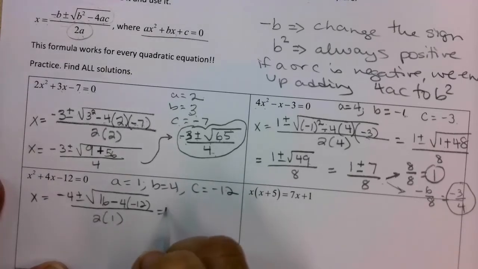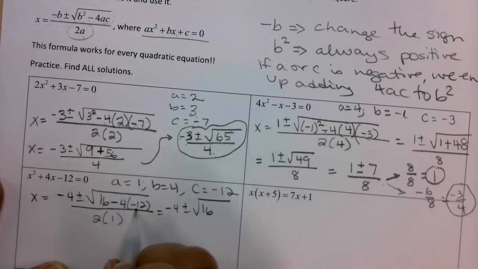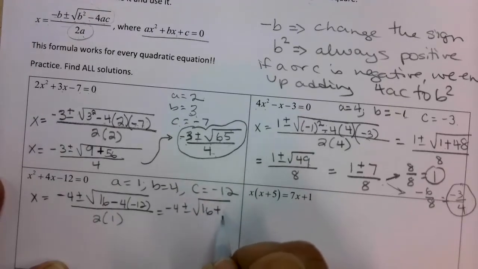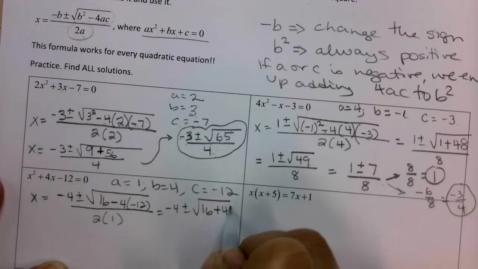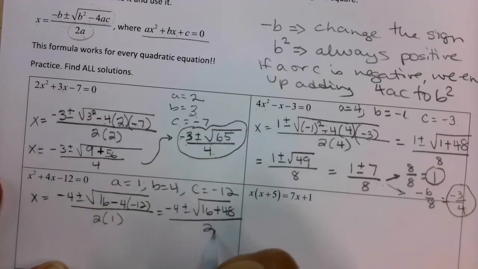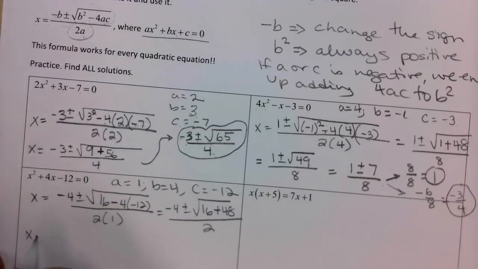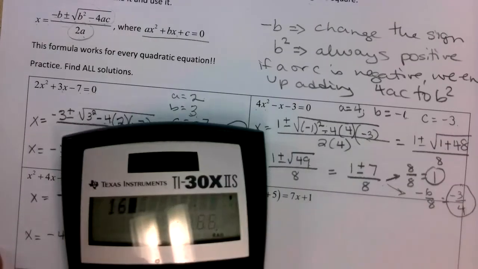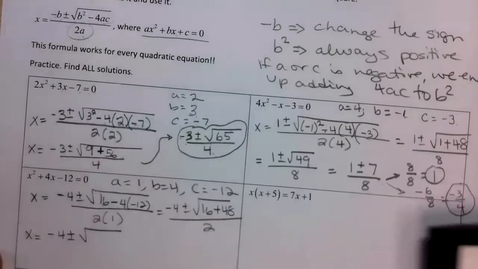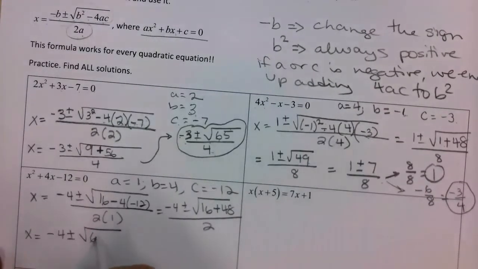Okay, so what are we going to get? -4 plus or minus square root 16 again, negative plus 48 over 2. So -4 plus or minus square root 16 plus 48, 64. Okay. All over 2.